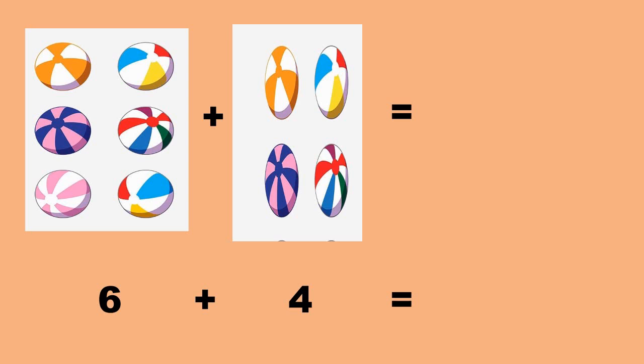How many steps do we have to go forward? Yes, we have to go forward 4 steps after 6, like this. 7, 8, 9, 10. So, which number did we get here at last? 10. So, our answer is 6 plus 4 is equal to 10.